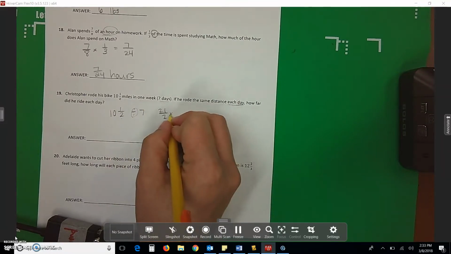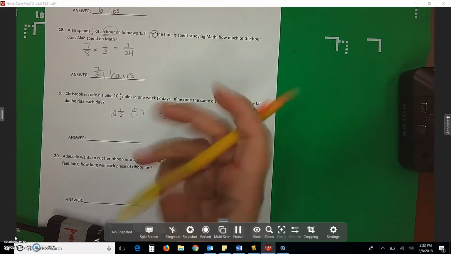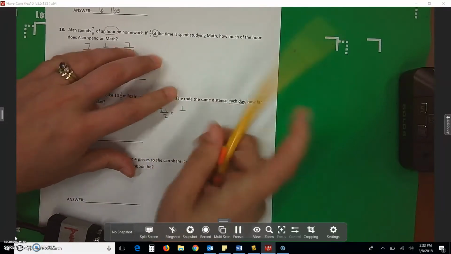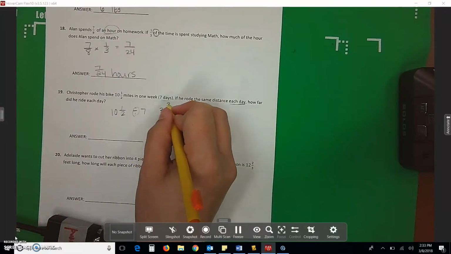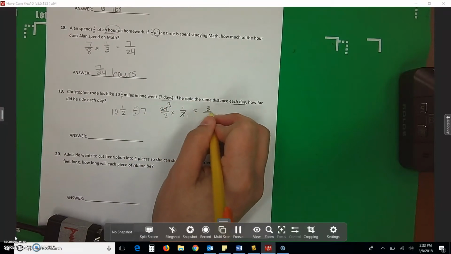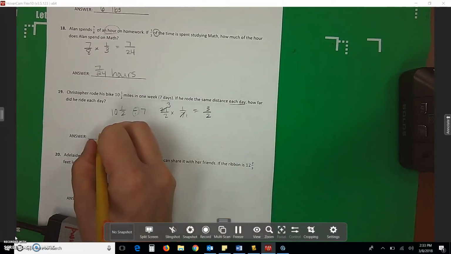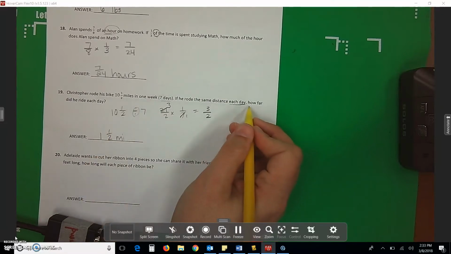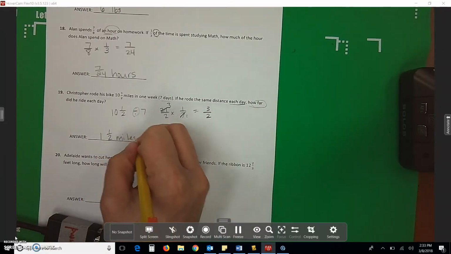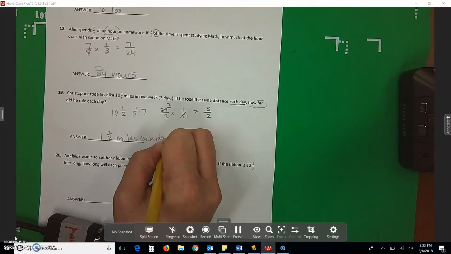Flip the sign, flip the fraction. 7 goes into 21 3 times. 3 times 1 is 3, 2 times 1 is 2, so that is 1 and 1/2 miles, because it's asking how far. So miles each day.